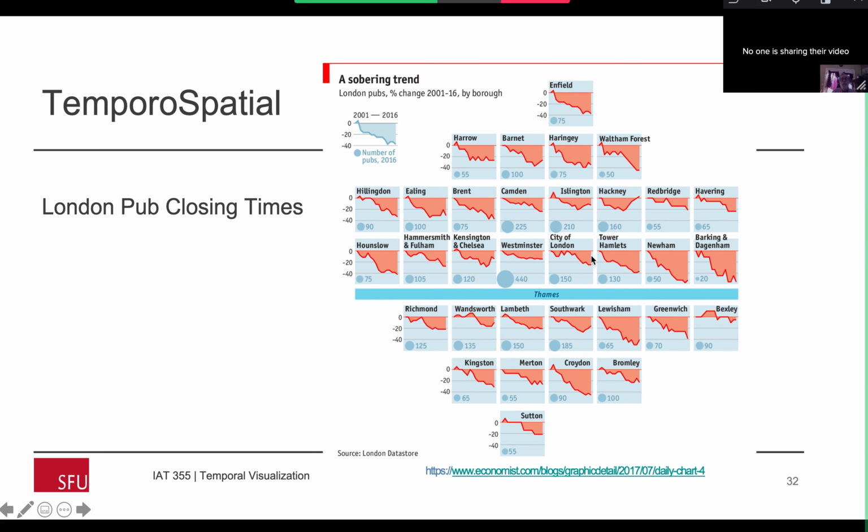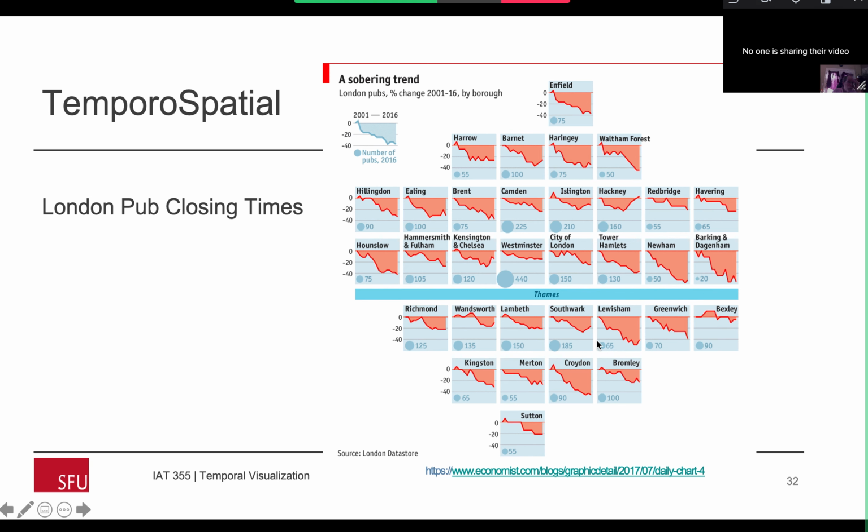And what's being plotted in this is something not terribly life-threatening. It's the number of pubs per subdivision of the metropolitan area of the city of London. So here, right there in the city, there's 150 pubs, and the number of pubs has been decreasing a lot, say by 40% from 2001 to 2016.